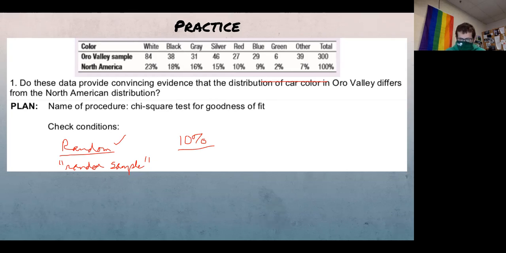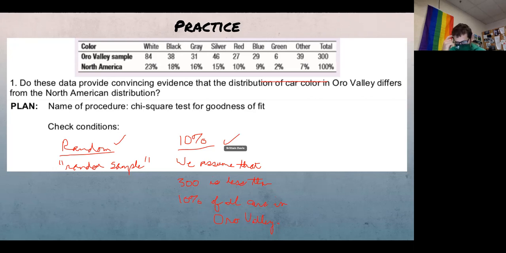Okay, so we assume that 300 is less than 10% of all cars in Oro Valley. Safe assumption. We'll say we met it.